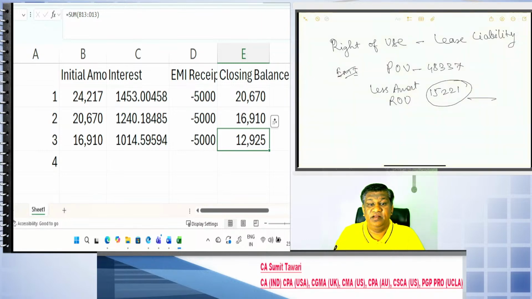Okay, then finance lease. In the finance lease, again the same thing, ROU asset, lease liability, but here we need to recognize the interest expenses and the lease liability separately. ROU asset as it is, and the amortization expenses and accumulated ROU asset.